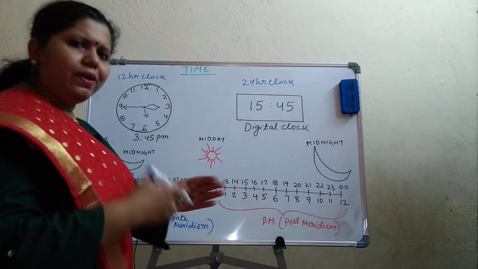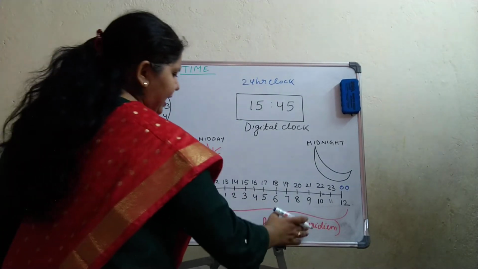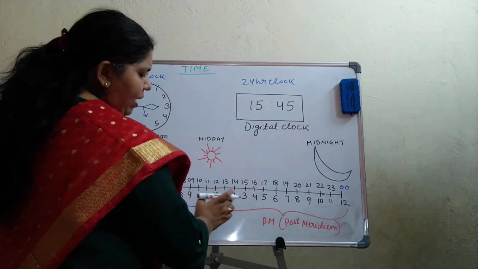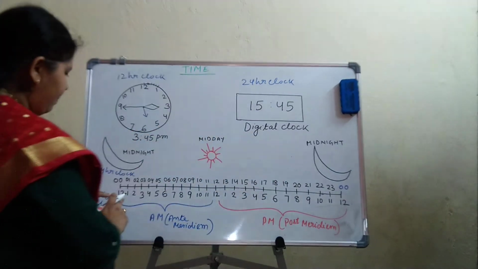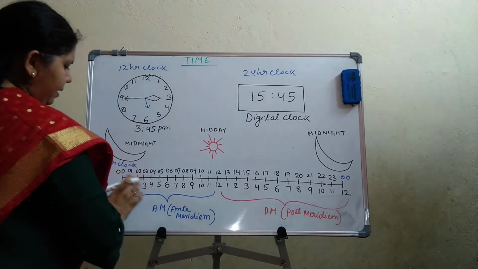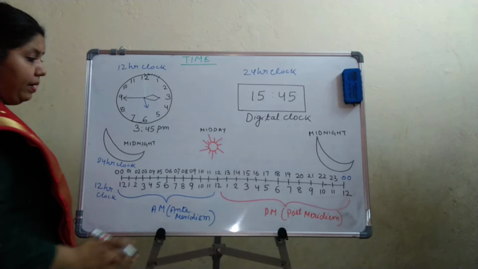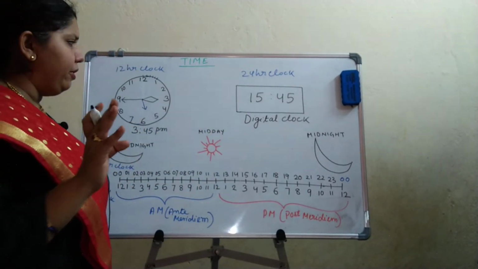Post means after, after midday. So we represent those times as PM. After 12 noon, you will start 1 PM, 2 PM, 3 PM, 4 PM, and it goes on. From midnight 12 up till noon 12, the times are 1 AM, 2 AM, 3 AM, 4 AM, and in this way it goes.